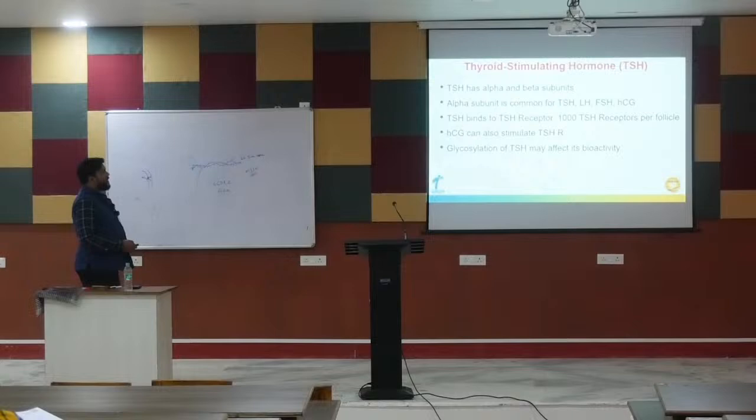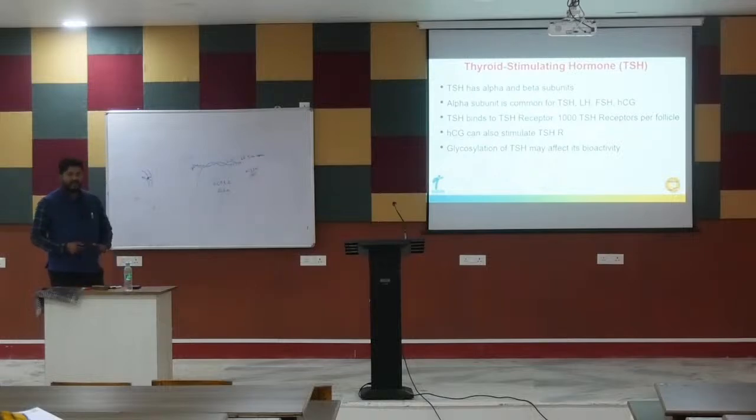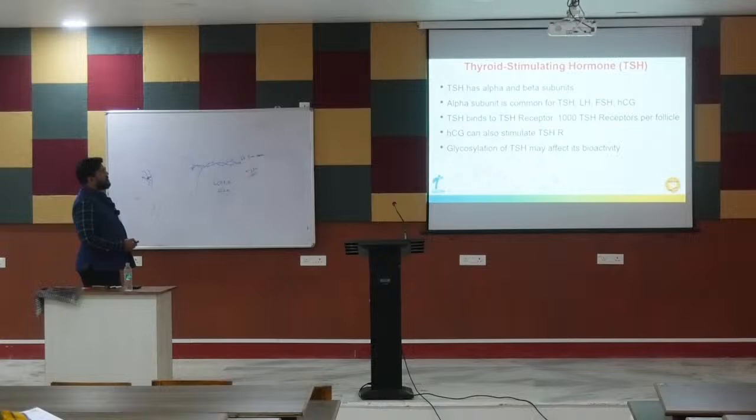Now regulation of thyroid hormones. TSH has both alpha and beta subunits. In the structure of TSH there is one alpha and one beta subunit. The alpha subunit is common for TSH, LH, FSH, and hCG hormone. TSH binds to the TSH receptor, 1000 TSH receptors per follicle.